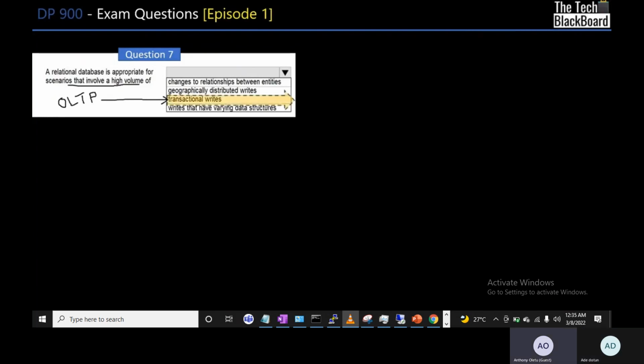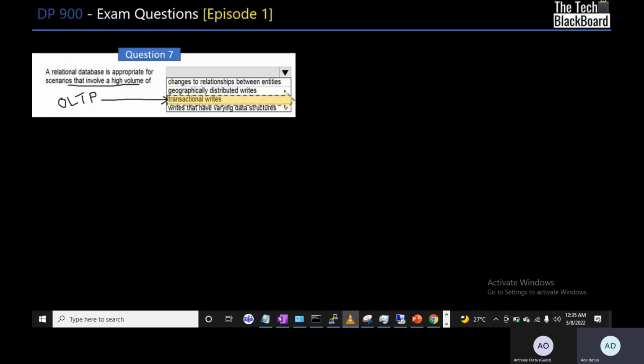Transactional, right again. Yes, your OLTP. How so? High volume, your online transactional processing. High volume. Okay. Have you forgotten? High volume. You just drop it. But it's a relational database. So they are well defined.